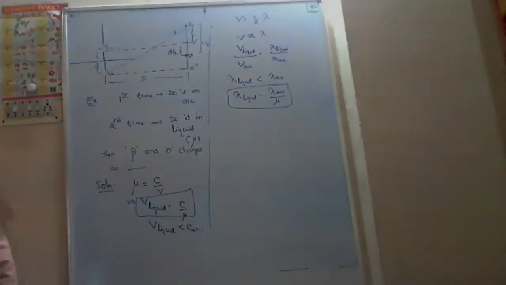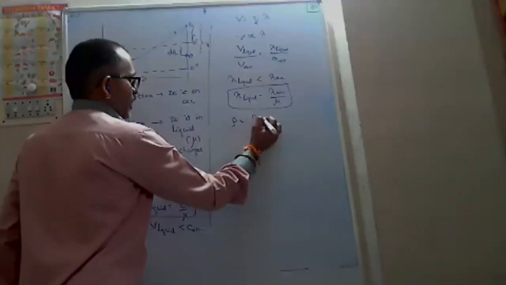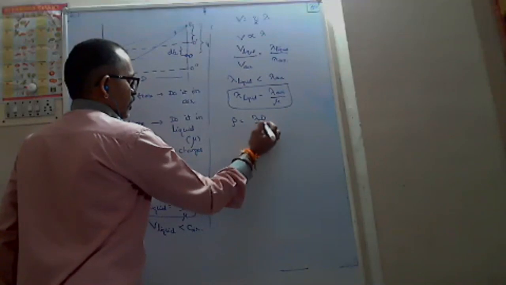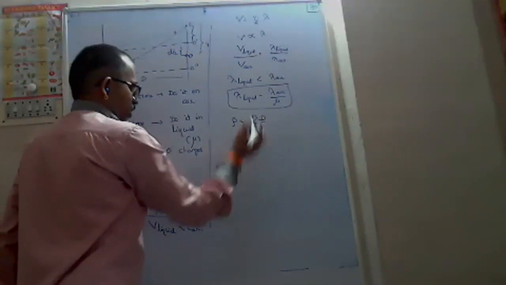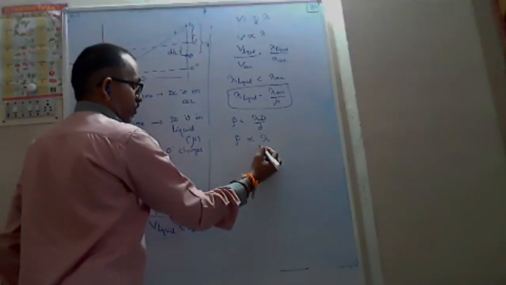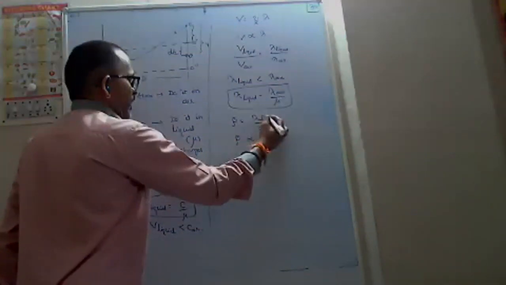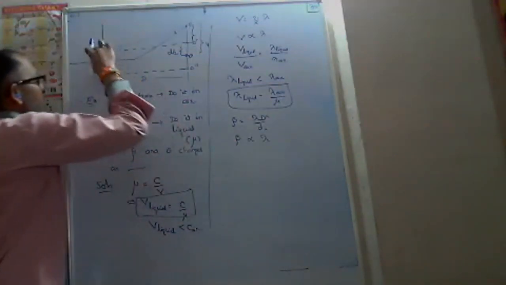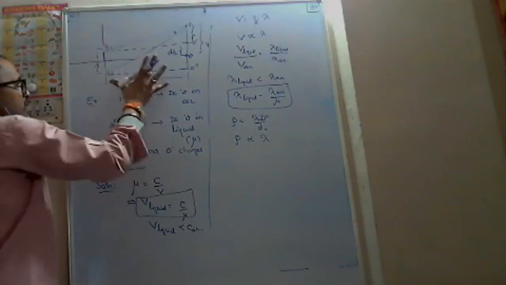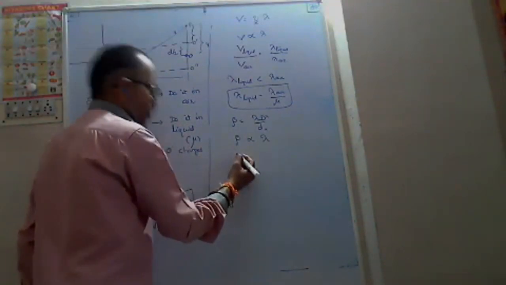Here, beta equals lambda D by d. Means beta is directly proportional to lambda, and D and d we are not changing, the distance between the slits and the screen is constant. So beta 1 by beta 2 equals lambda 1 by lambda 2.